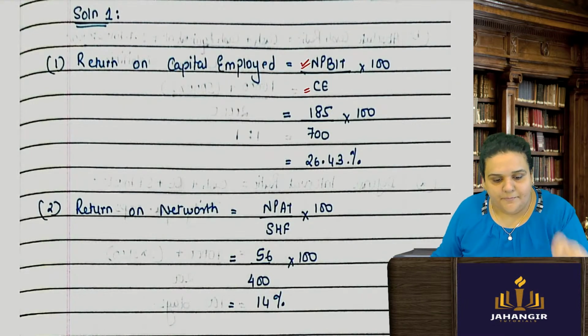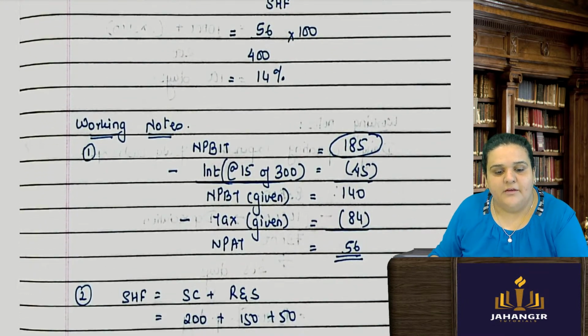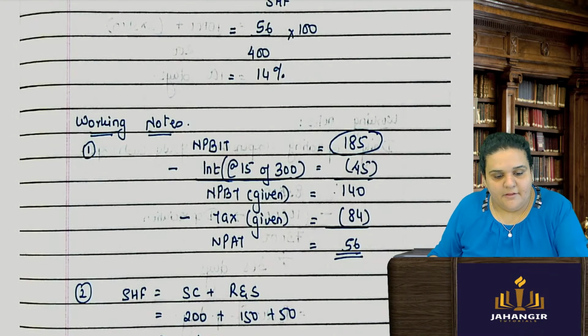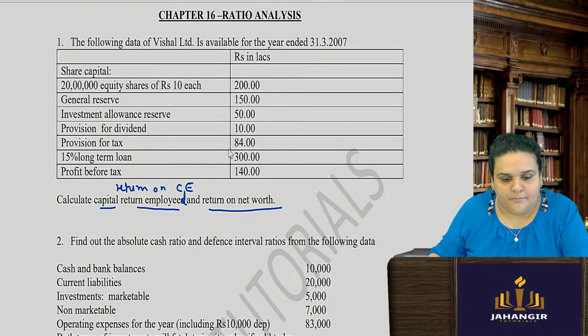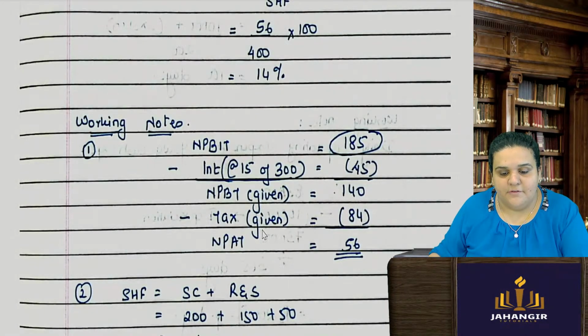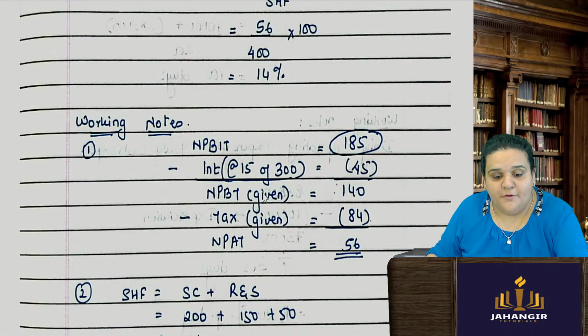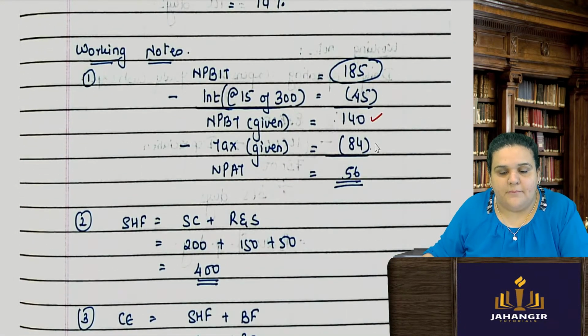So how will I get it? I have done a working note. They have given me interest, profit before tax, and the tax provision of 84. So tax is 84 and profit before tax is 140. 140 minus 84, I'll get net profit after tax.